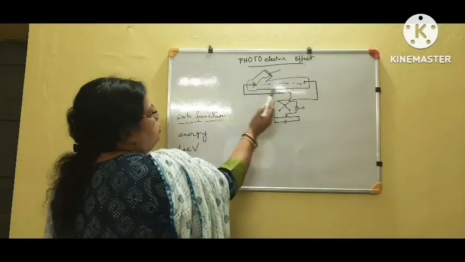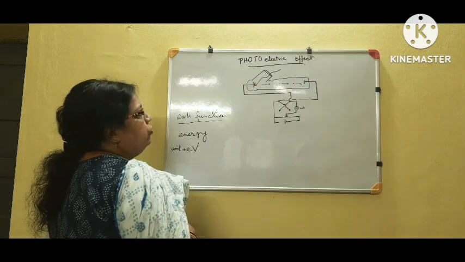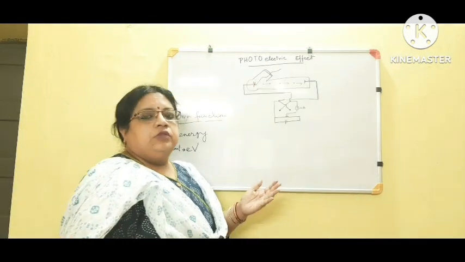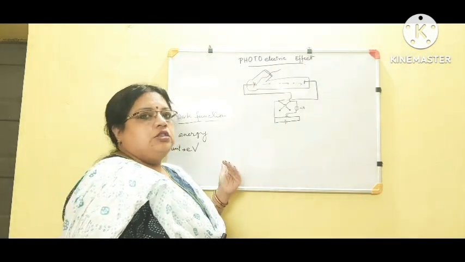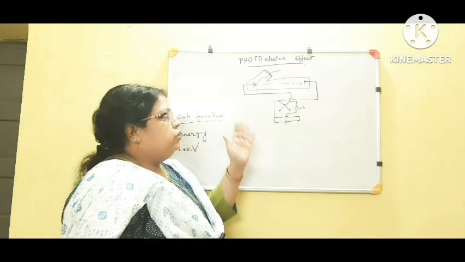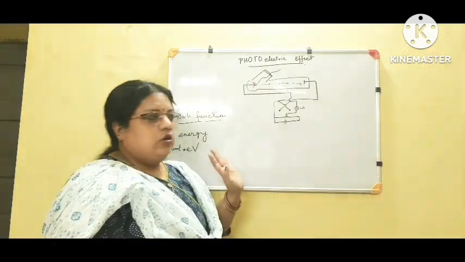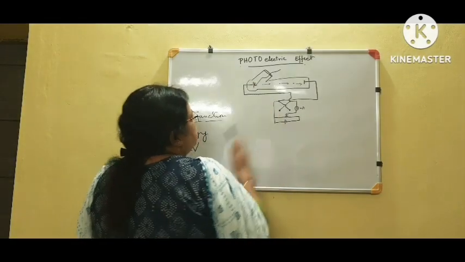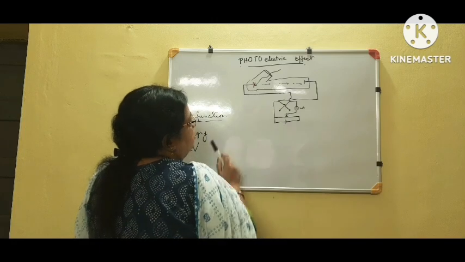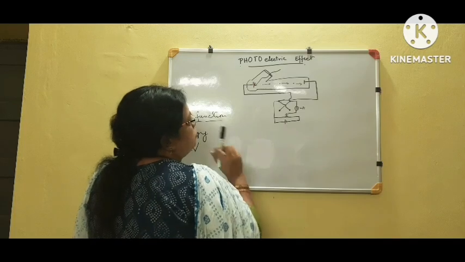This is the experimental arrangement to detect or measure the photocurrent. Photocurrent means the current flowing due to the emission of electrons on incidence of light, that is, the current due to the photoelectric effect. The red portion is the photosensitive plate, and this is the incident ray of suitable frequency.